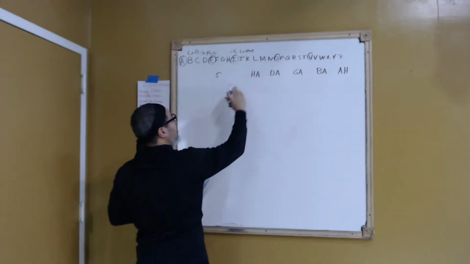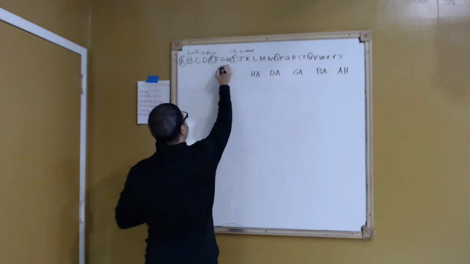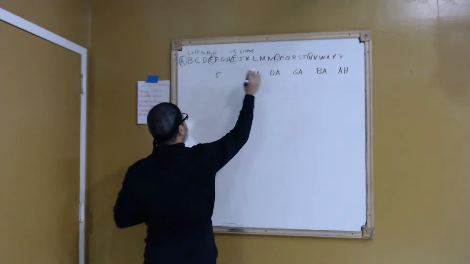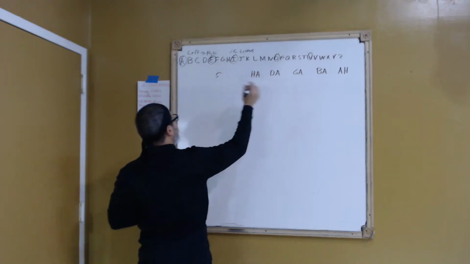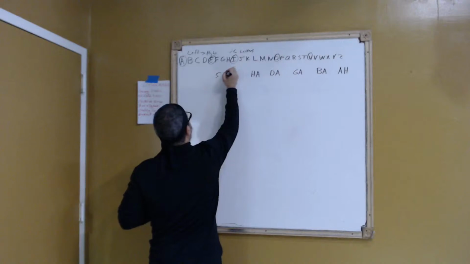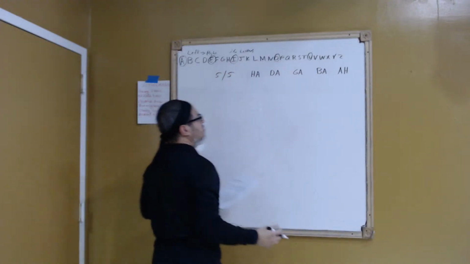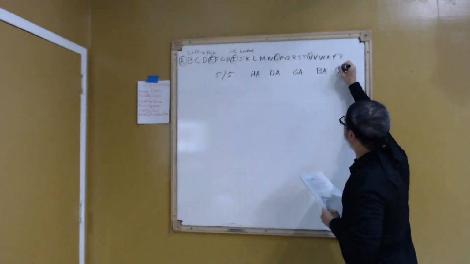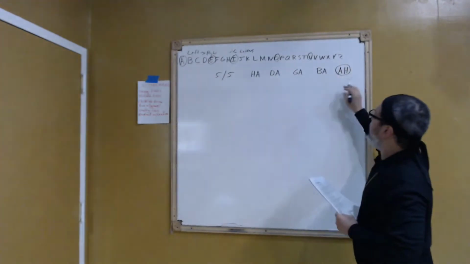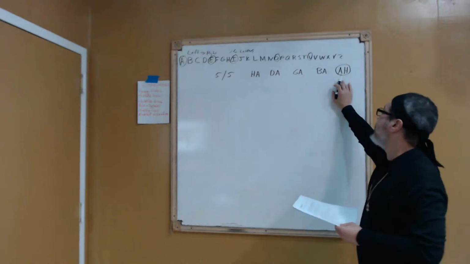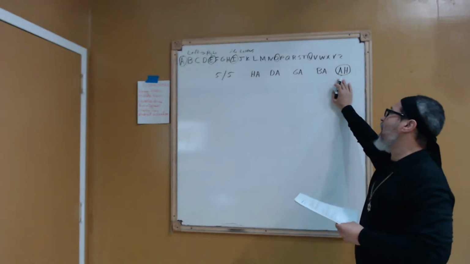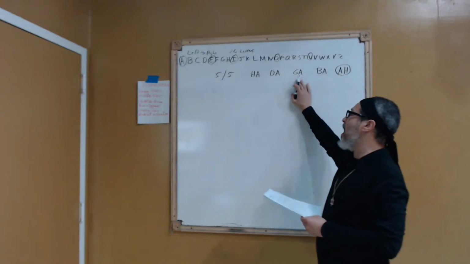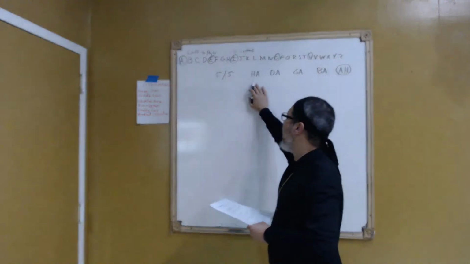That shows there are 5 characters or letters when you translate it to the actual symbol, and there are 5 syllables. They all pretty much have the ah sound: ah, ba, ga, da, ha.